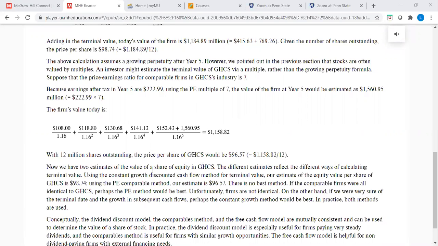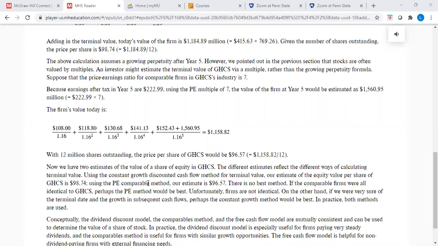So now we have 2 estimates of the value of the shares in the equity. Remember, these are estimates. The different estimates reflect different ways of calculating this value. So you can use the constant growth discounted cash flow method for terminal value. And in that case, our estimate per share would be 98.74.